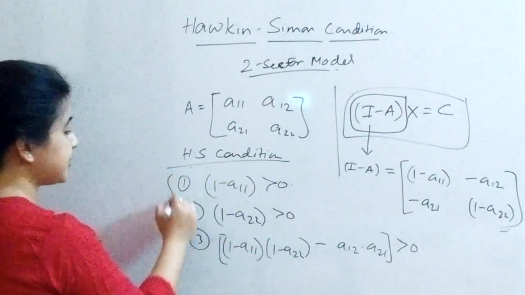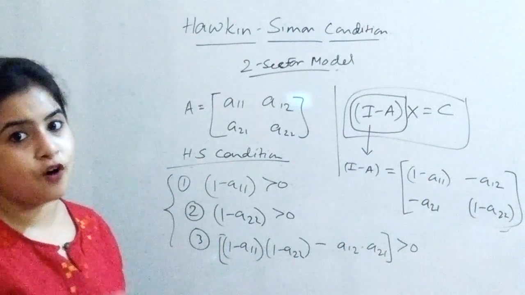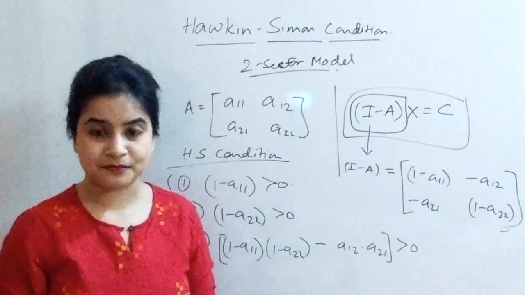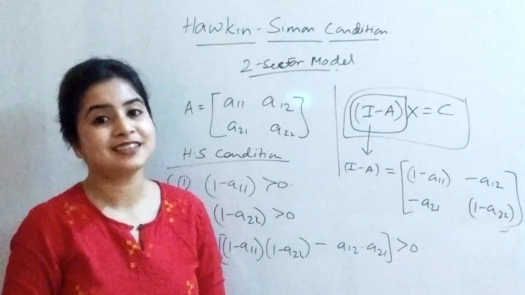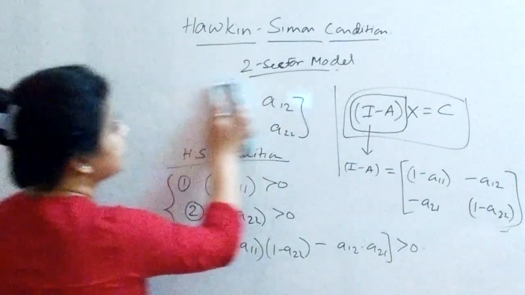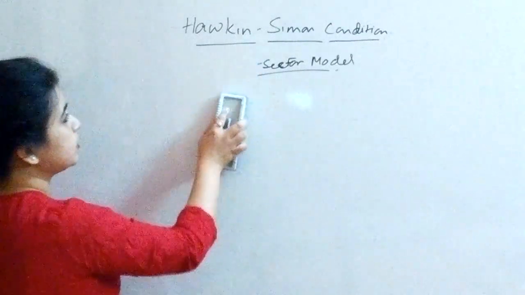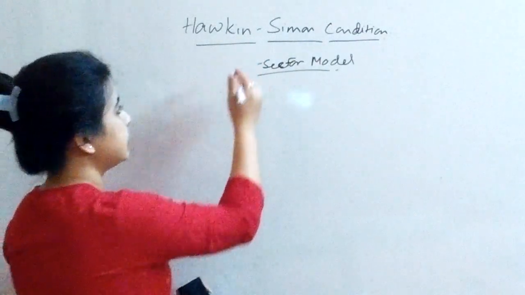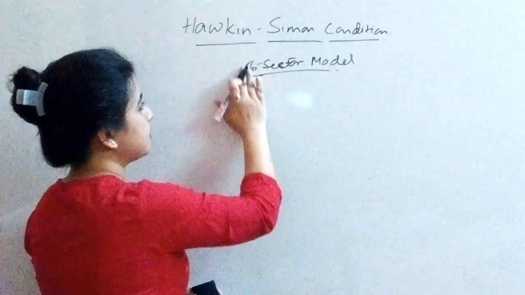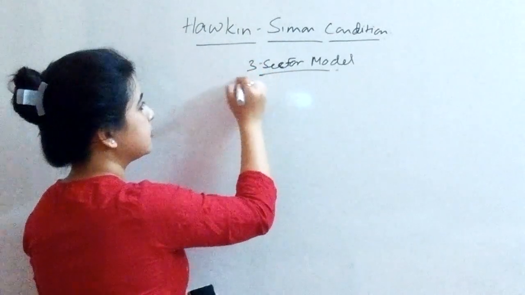Okay, so these are the basic conditions of Hawking-Simon for the two-sector model. Now we'll be moving to the three-sector model. Here we are, and now let's talk about the three-sector model.